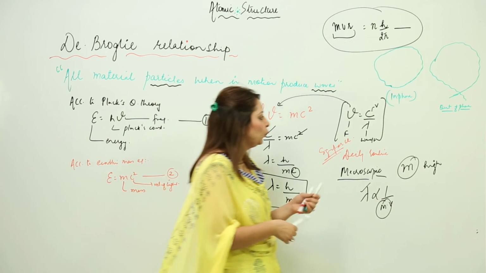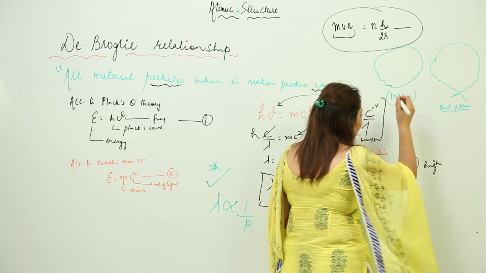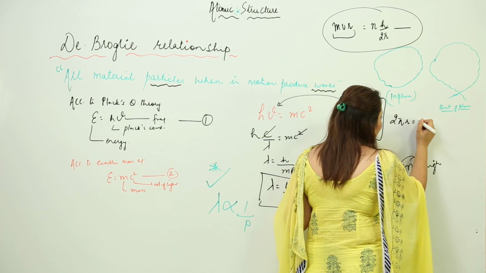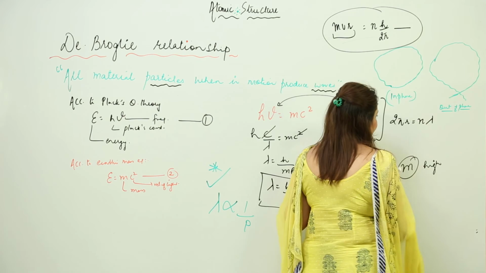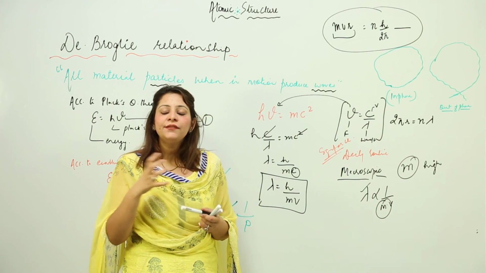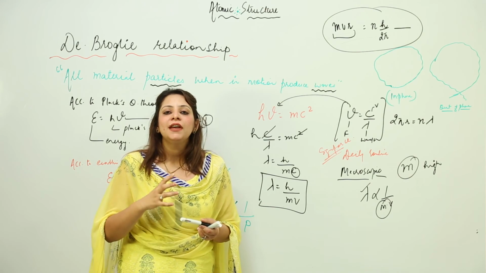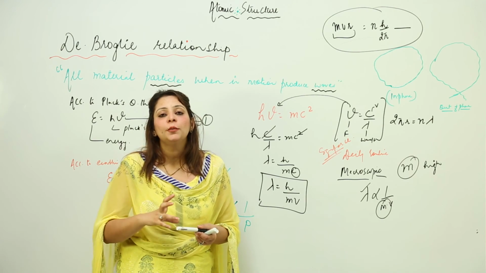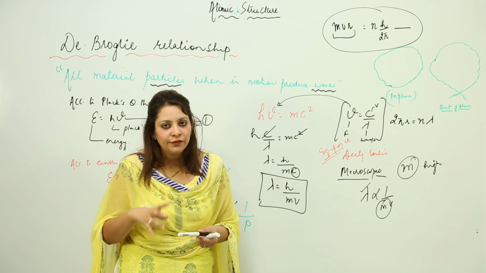Look at the board, what is that? For the wave to be in phase, the circumference should be an integral multiple of wavelength. If it is like that, then only the wave is going to be in phase, and only that orbit is permitted in which the wave is in phase.